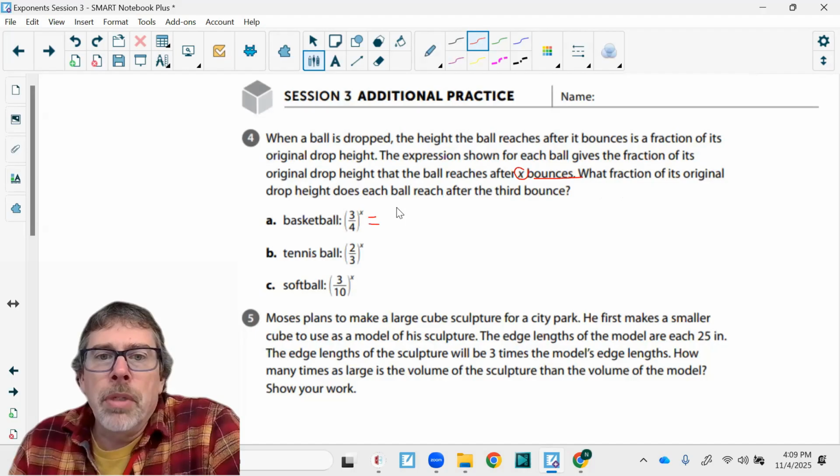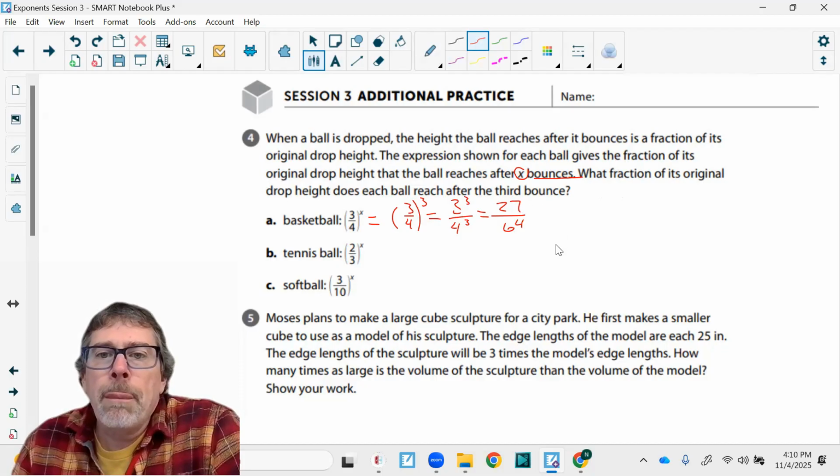So this is going to be 3/4 cubed, which is 3 cubed over 4 cubed, which is 3 times 3 times 3, which is 27, over 4 times 4, which is 16, times 4 is 64. Okay, so there's the first one. The second one would be 2 to the x over 3 to the x, and we're done.